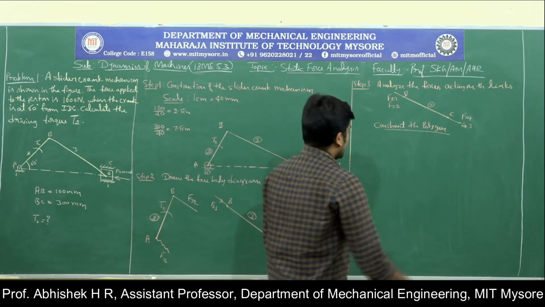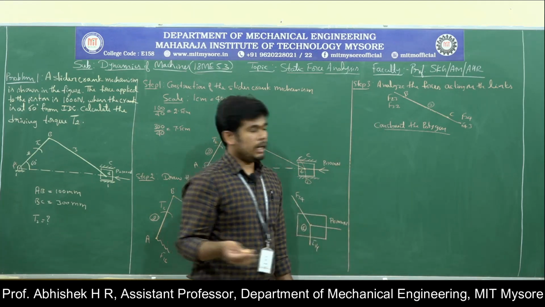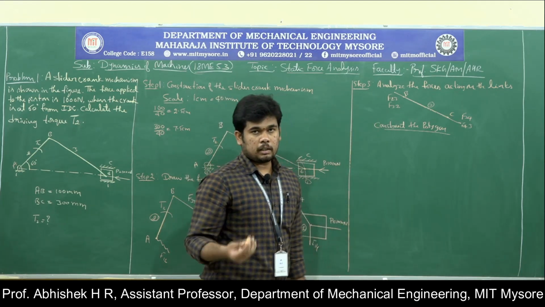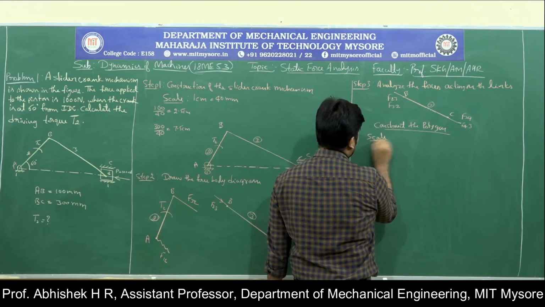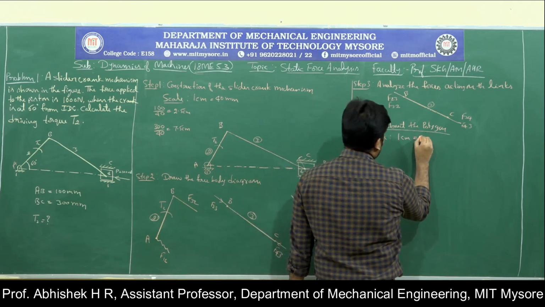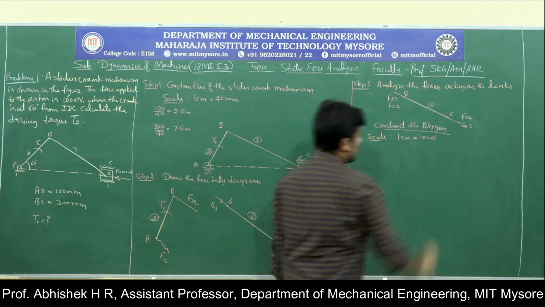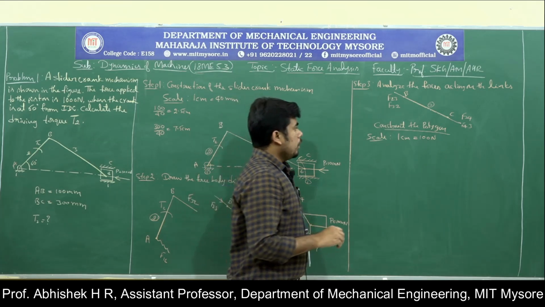Here I will convert this load value into a proper scale, so that it is easy to construct the polygon. So the scale will be 1 centimeter is equal to 100 Newton.